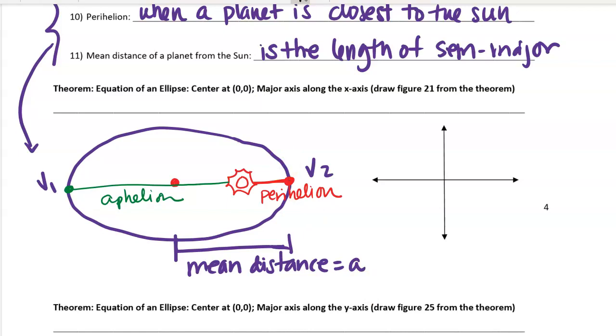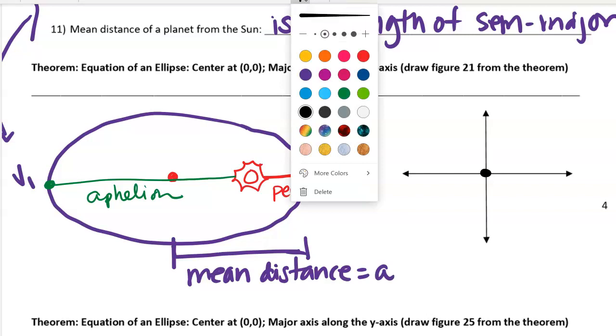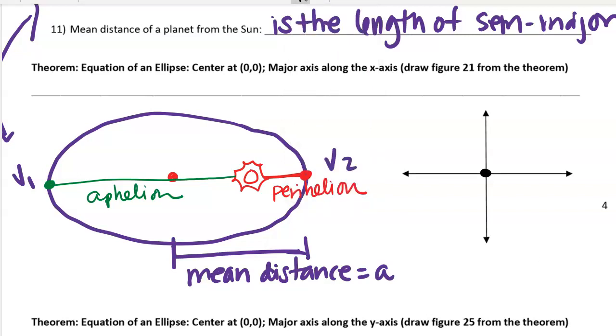All right, first theorem says we're going to write an equation of an ellipse with the center being at 0, 0. So this is easier. So here's the center at 0, 0. Major axis is along the x-axis. So that means the major axis contains vertex 1 and vertex 2.